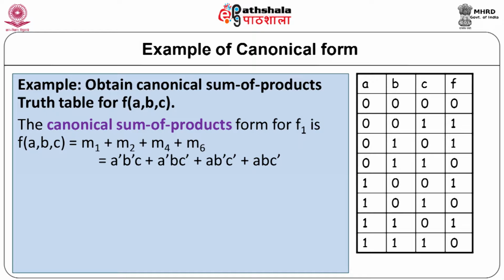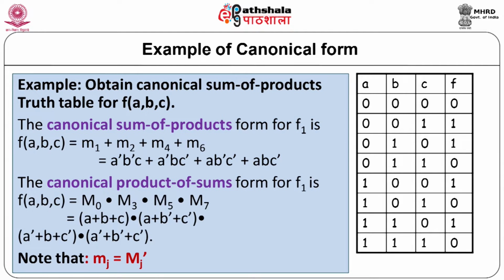Similarly, one can even write the canonical product of sums form. Now, in this case, while writing an expression, we must write the function where the output of the table is 0. So, the function f is given as the product of 4 max terms M0, M3, M5 and M7.